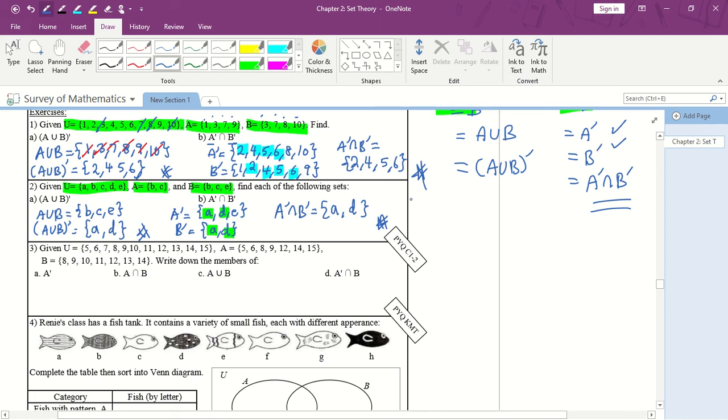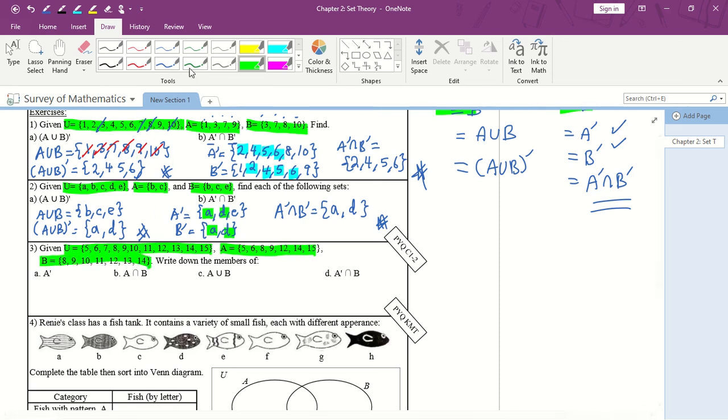And now let's look at the third question here. Given U, the universal set, is equal to 5, 6, 7, 8, 9, 10, 11, 12, 13, 14, 15. And A is equal to 5, 6, 8, 9, 12, 14, 15. And B is 8, 9, 10, 11, 12, 13, 14.